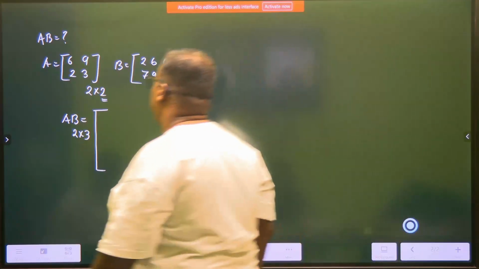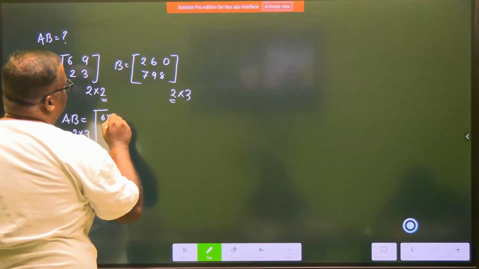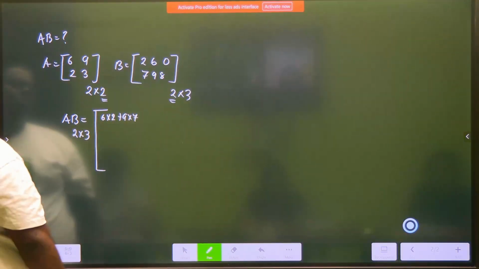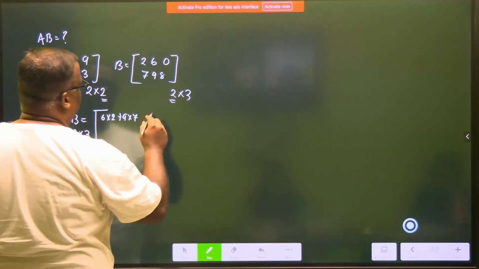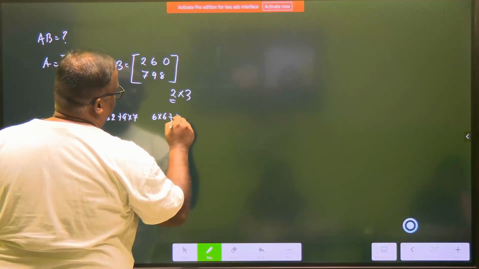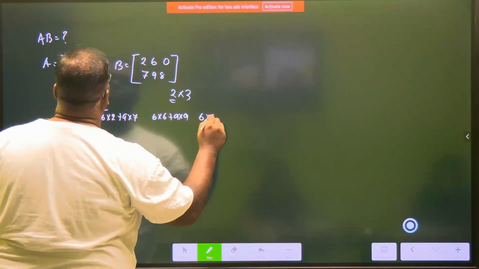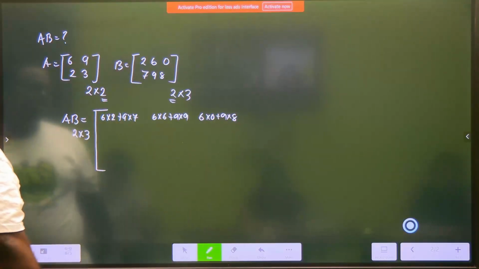Shall we? So we'll have 6 multiplied by 2 plus 9 multiplied by 7. Very good. 2 cross 3 means 2 rows, 3 columns. Then we should have 6 multiplied by 6 plus 9 multiplied by 9. Then we should have 6 cross 0 plus 9 cross 8. Okay, next row.